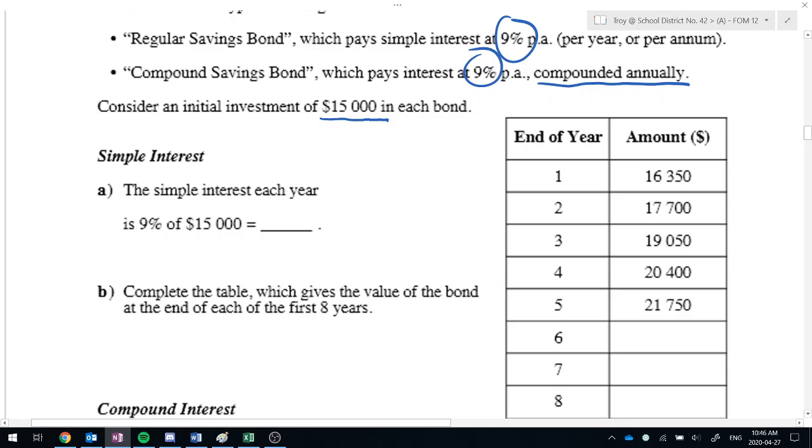Okay, so for the first one, it's simple enough. If we take 9% of 15,000, that gives us $1,350. Okay, every year. That's what simple interest means.